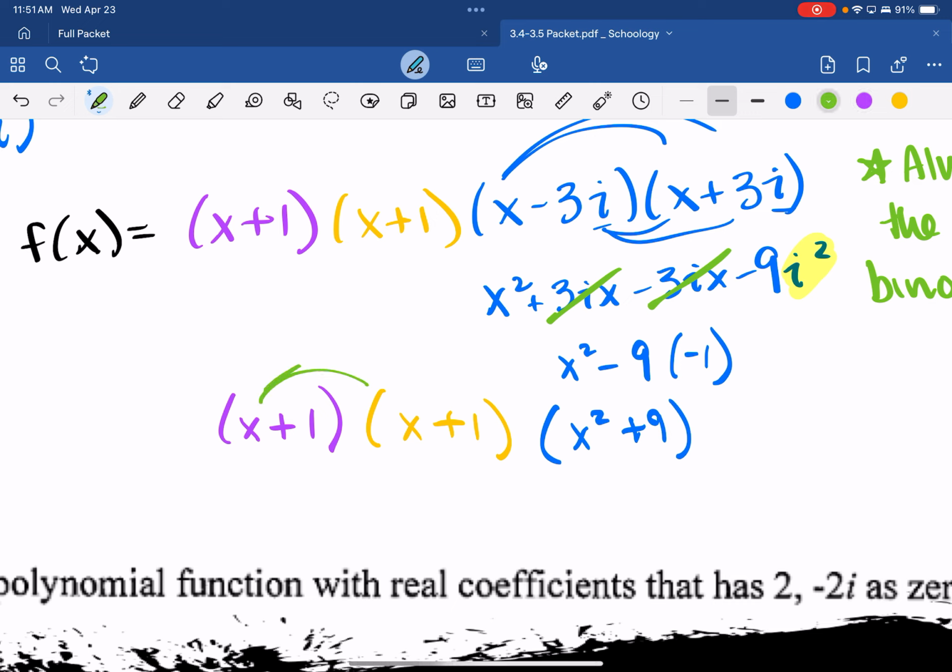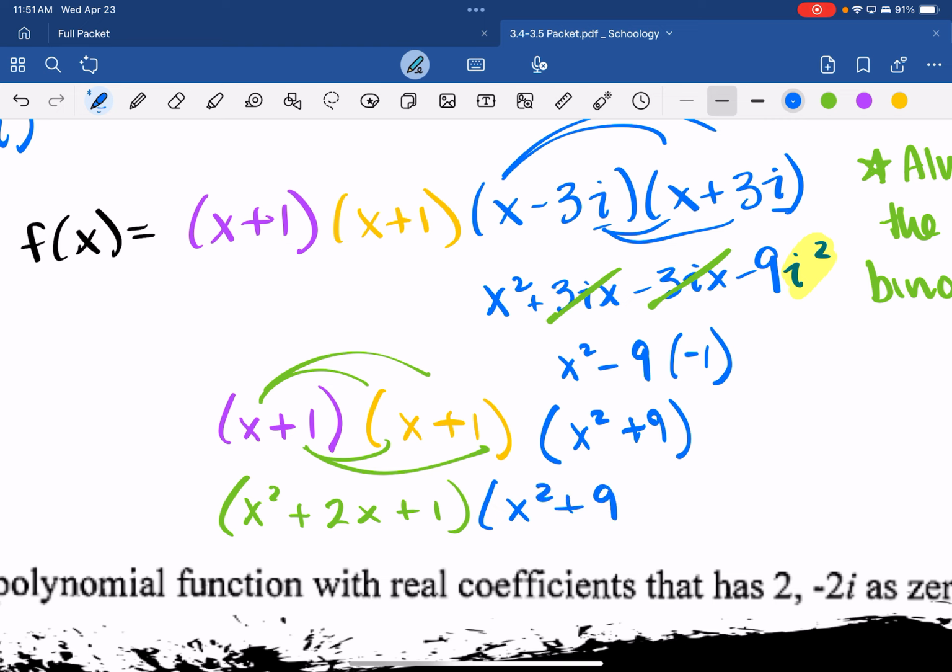Now we FOIL out our nice term. So I've got x squared, this will become a 2x plus 1. And I have an x squared plus 9.